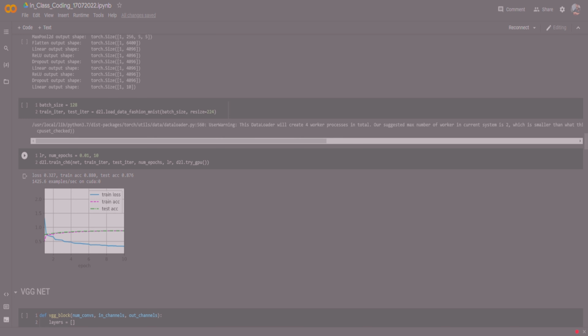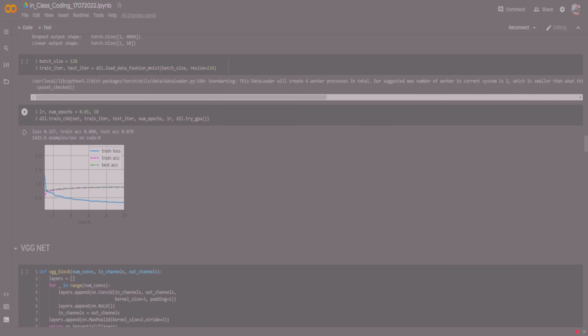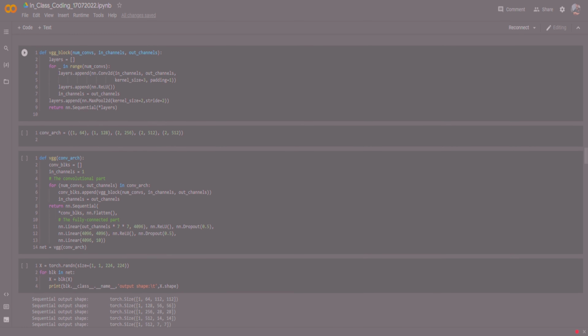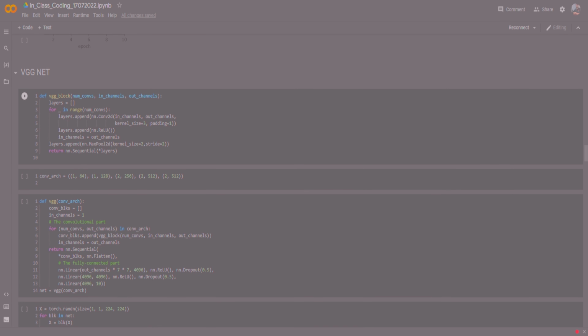All right. So that was the VGGNet. Let's quickly go through the VGGNet. Now you see we are using a block. We first need to define what is called a VGG block. You can see that here we have code that is talking about the VGG block itself.